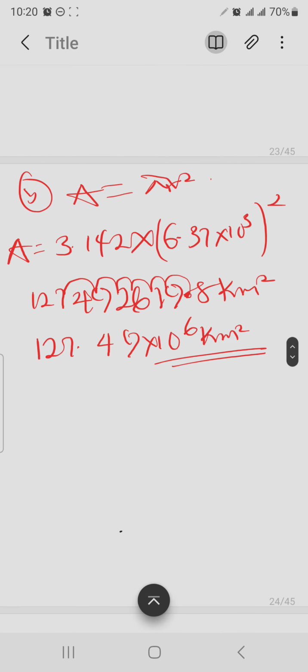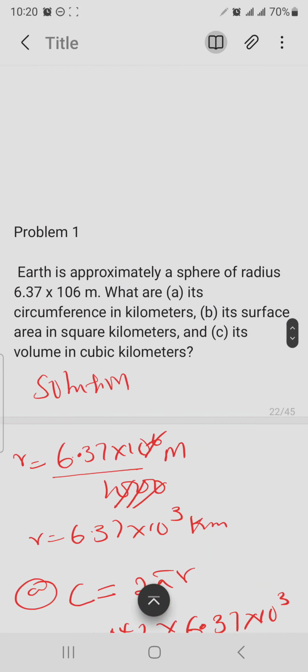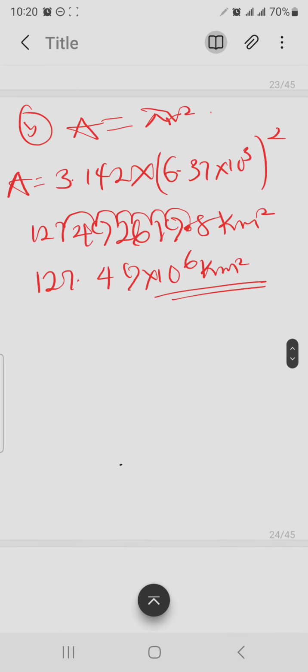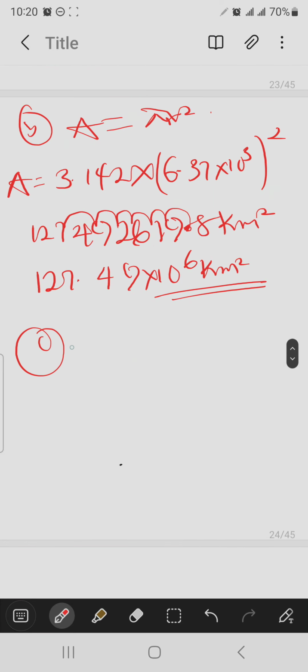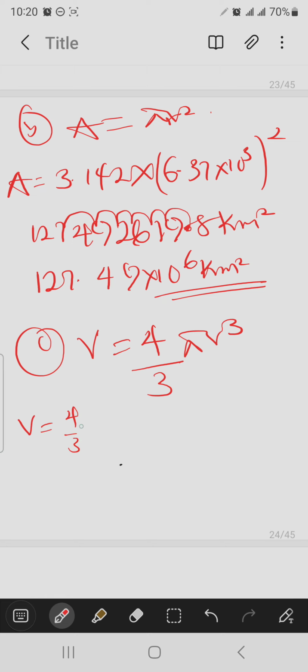And the last one says we should calculate the sphere's volume in cubic kilometers. The volume of a sphere is 4 over 3 pi r cubed. So we have V equals 4 over 3 multiplied by pi, which is 3.142, multiplied by 6.37 times 10 raised to the power 3, all raised to the power 3.